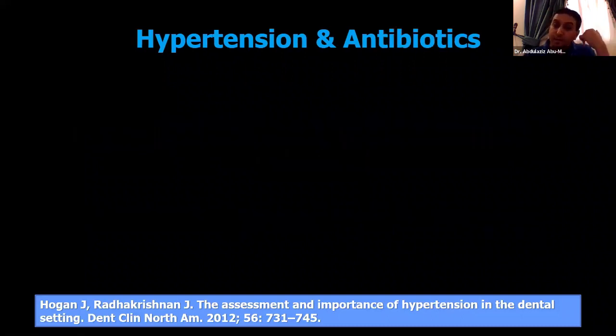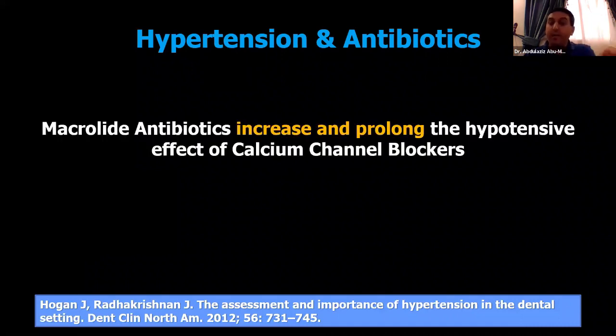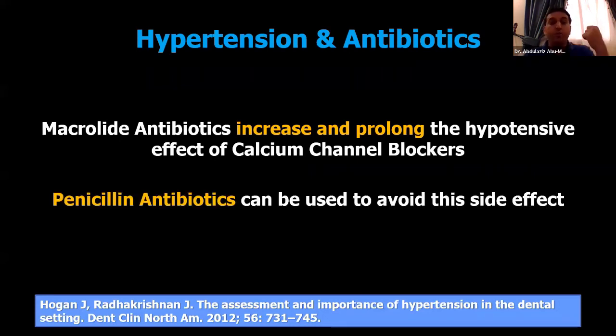Going to the antibiotics, do they have any effect on the hypertensive patient or the medication they are using? Yes. The macrolide antibiotics like erythromycin increase and prolong the effect, especially with calcium channel blockers. So the recommendation for hypertensive patients is to go with the penicillin antibiotics.